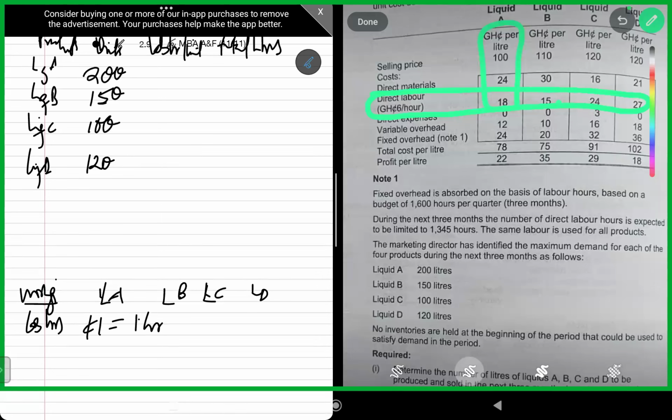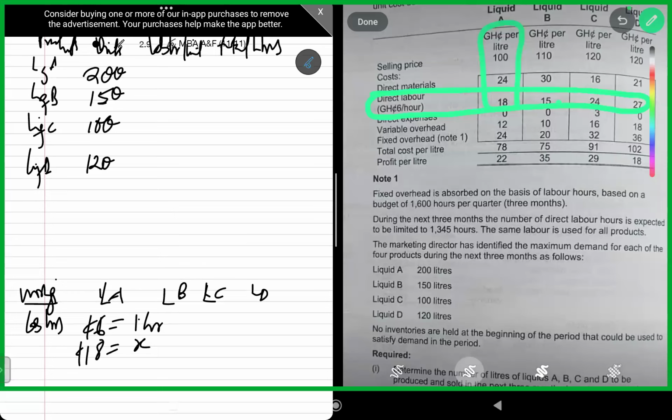If it is 6 cedis equals 1 hour, and I'm having 18 cedis, how many hours is 18 cedis? That's how I can get the number of hours required to produce A.